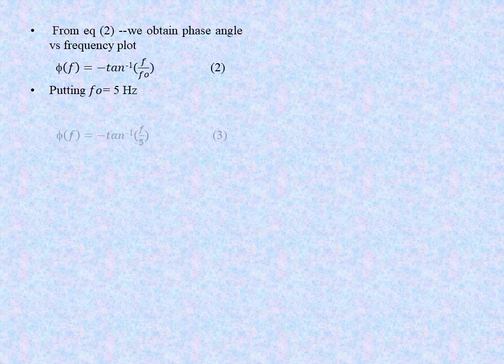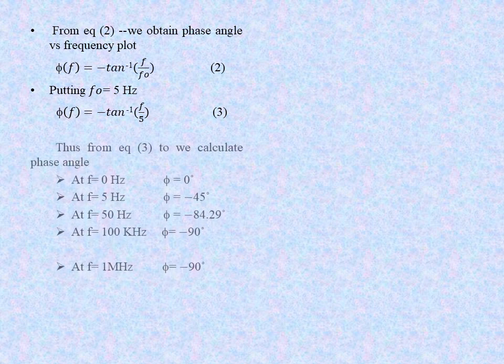Now in a similar manner we can calculate the phase angle versus frequency plot by the equation shown in equation 2. Here we can again put f0 equal to 5 Hz, so equation 2 changes into equation 3. Now putting different values of f, we can calculate phi for each case.